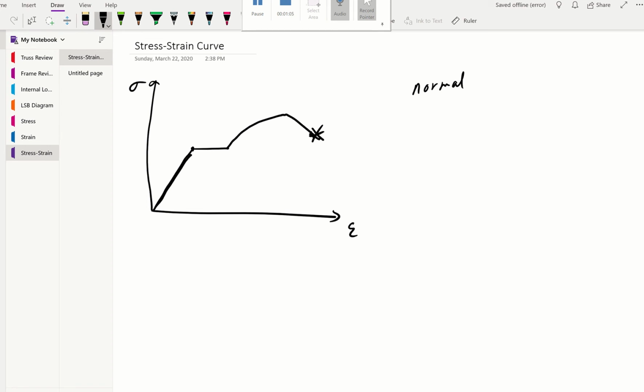There are three things that are very important on this graph. The first one is in that elastic region. What's the slope here? It's E. That's the slope in the elastic region. We call this the elastic modulus, or modulus of elasticity, or some people call it Young's modulus.